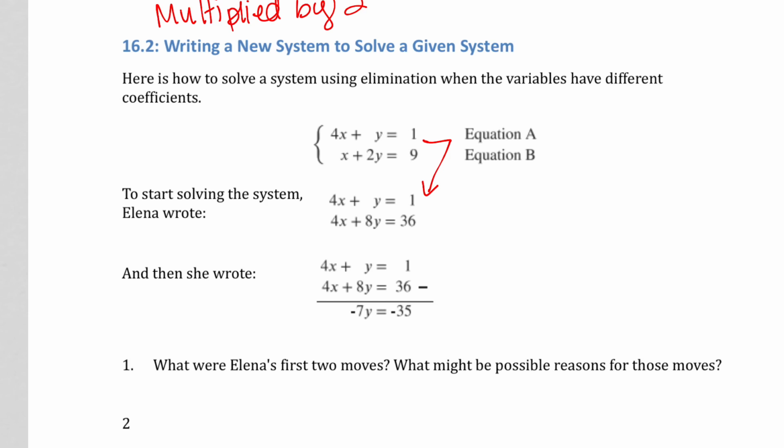Which equation changed, top or bottom? The bottom one. What'd she multiply it by? 4. Okay, multiplied it by 4 to get this equation down here.